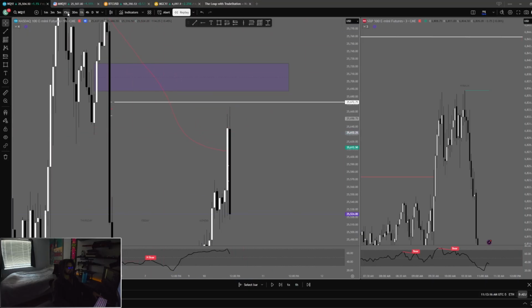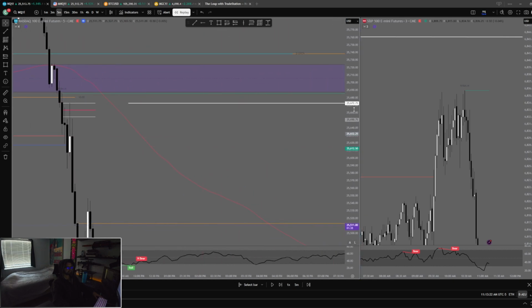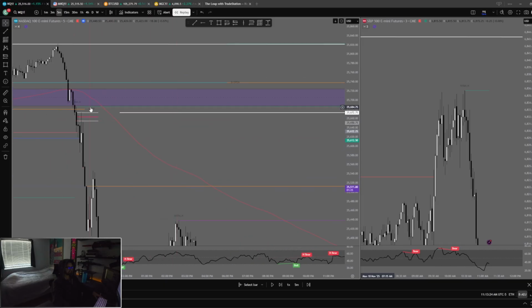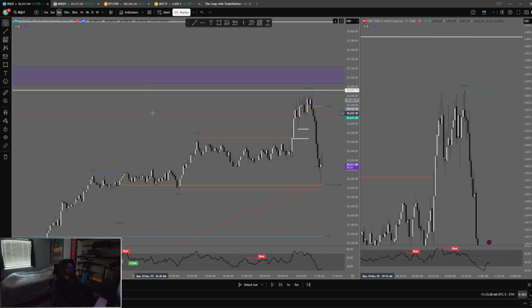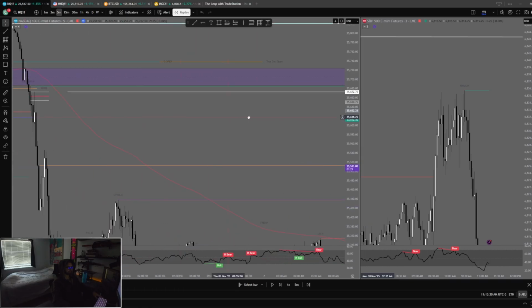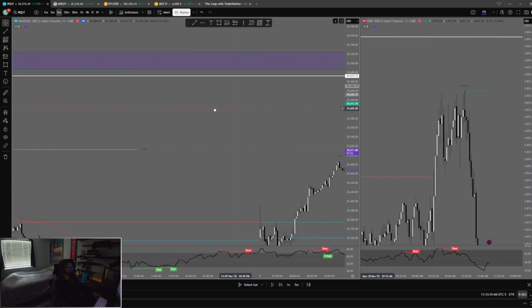It might have been the 15-minute high. 5-minute high, yes. I wanted to see us take out this 5-minute high before the sell off, but we ended up reacting off of this rejection block right here.